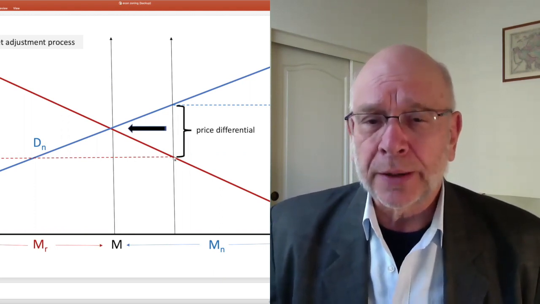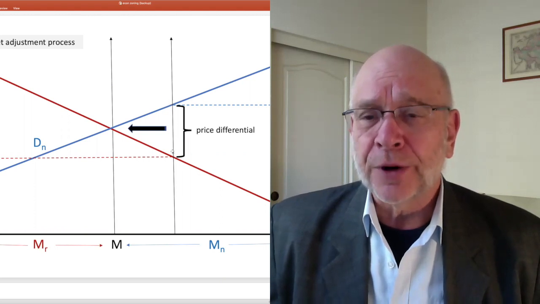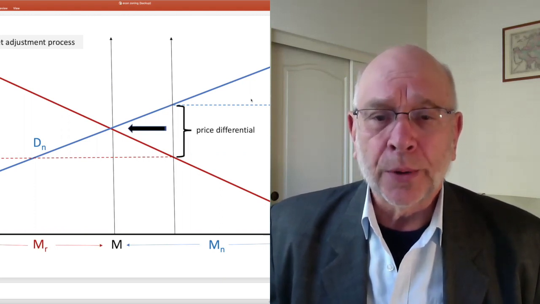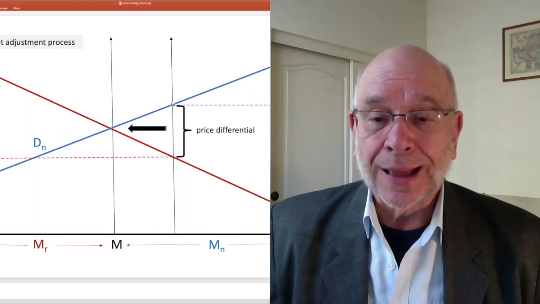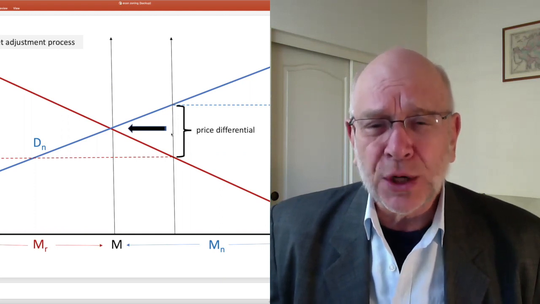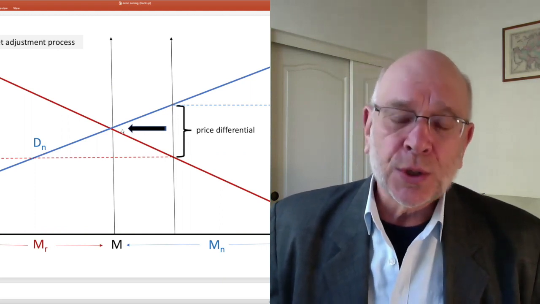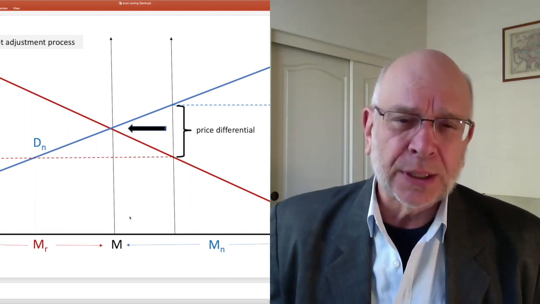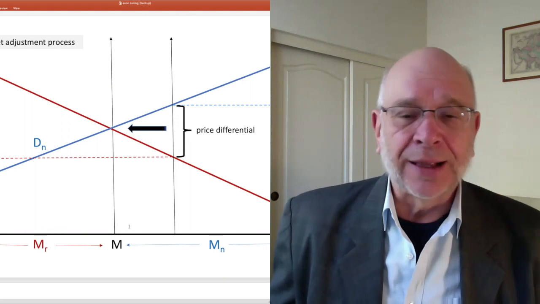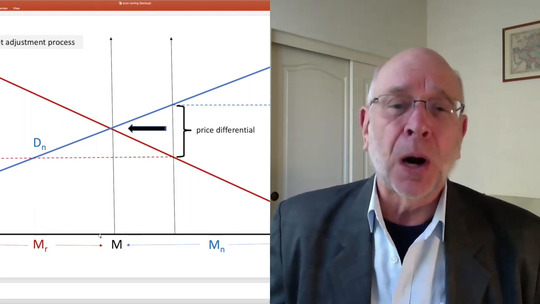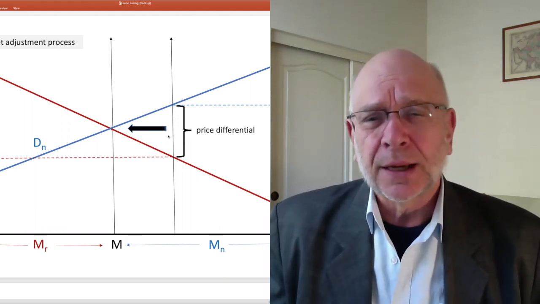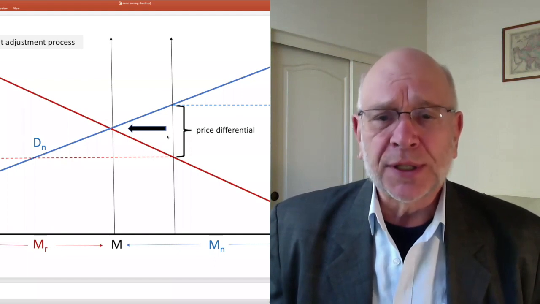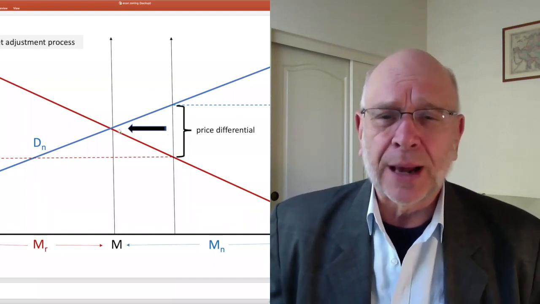So the marginal benefits favor non-residential use at this allocation, and that continues to be true so long as the allocation is to the right, in this particular example, of this allocation M, which is in fact the market equilibrium. And I think it's fairly intuitive to see how the market will move us to that point.